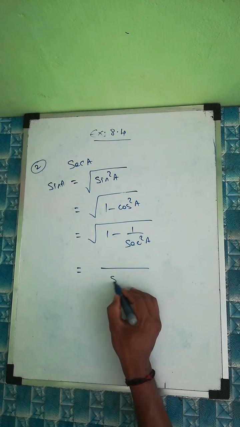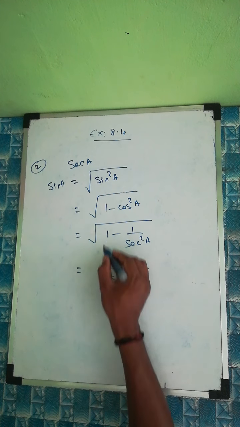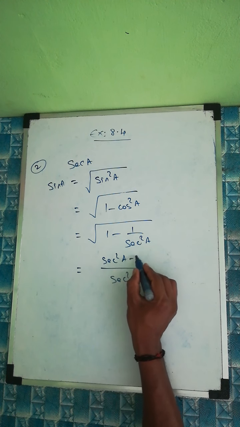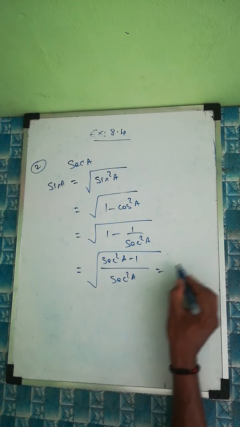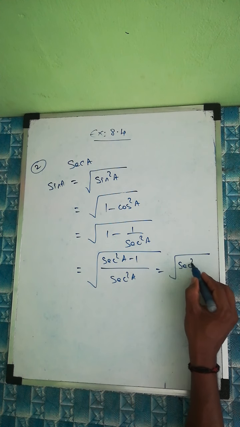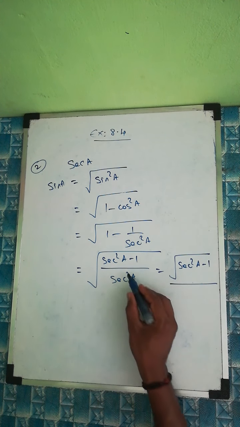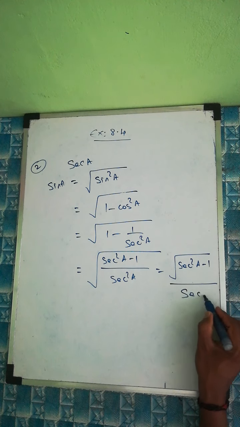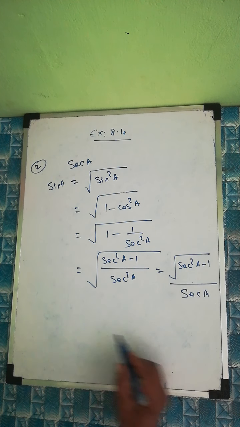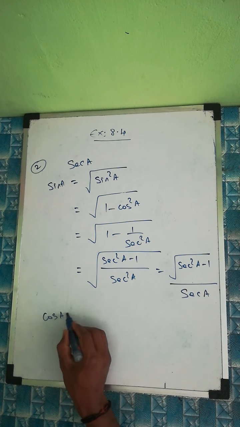If we take LCM here, secant square A minus 1 over secant square A. So the root of secant square A minus 1 over sec A, the roots cancel, the square cancels, so we write only sec in the denominator. And the second one is cos.